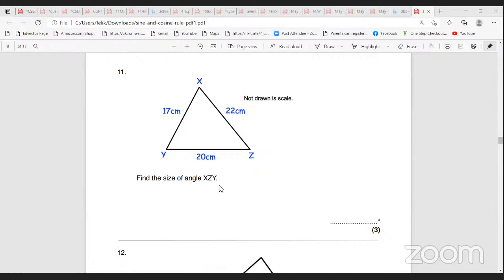You're going to come together and complete the question. You're going to have the discussion on why you're going to use whichever rule, why you wouldn't use it, or why you're supposed to use it. If you're going to use sine rule, why is it sine rule and not cosine rule? If you're going to use cosine rule, why is it cosine rule and not sine rule? I need to hear that discussion.